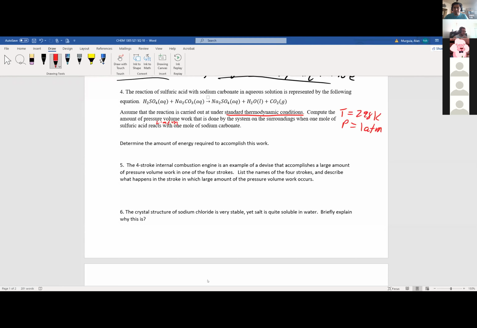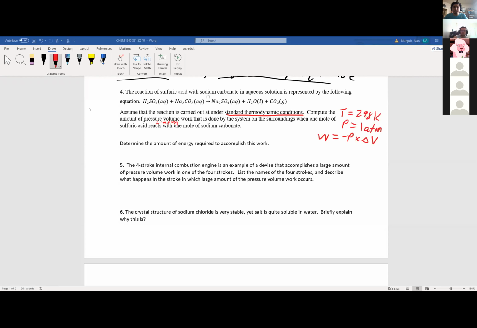So what will be the formula in order to look for work? What does work equal to? Well, work is minus P delta V. So negative pressure times change in volume, right?